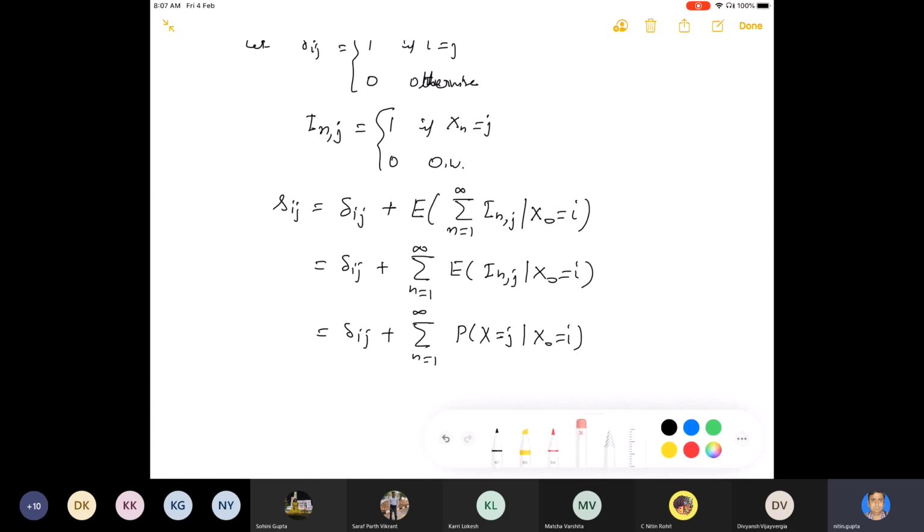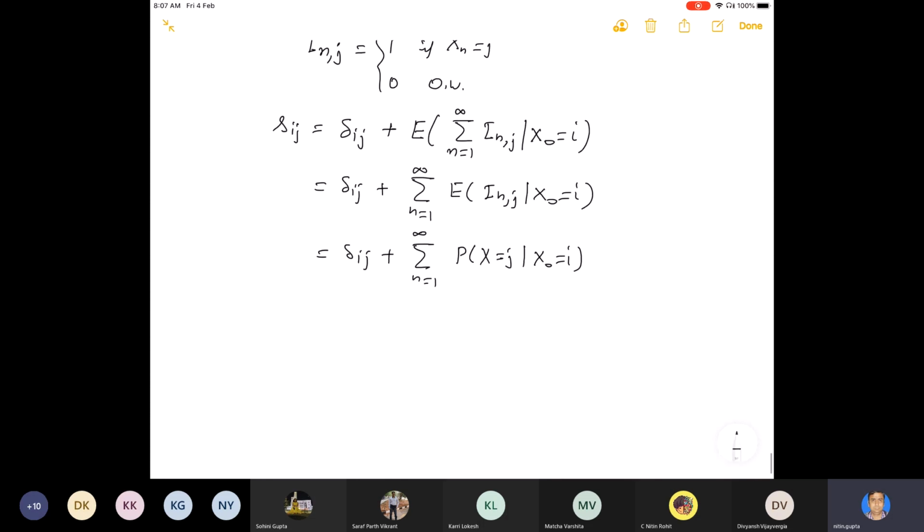Okay, so therefore this will be delta ij plus summation n from 1 to infinity of p.